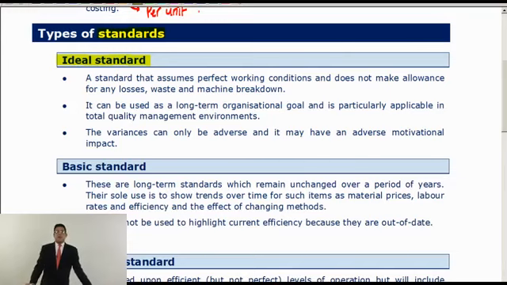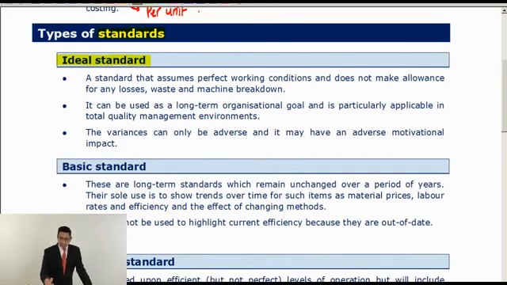Meaning to say, we expect that every member of staff will get into work in time, no delays. Material deliveries will arrive in time, no delays. Machines will never break down, perfect ideal conditions. There will be no loss or wastage in materials. There will be no idle time or poor efficiencies from the workforce.